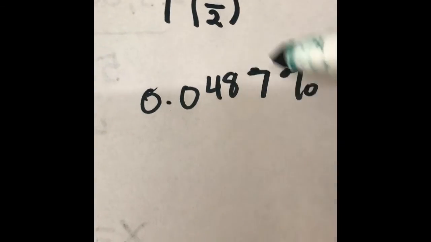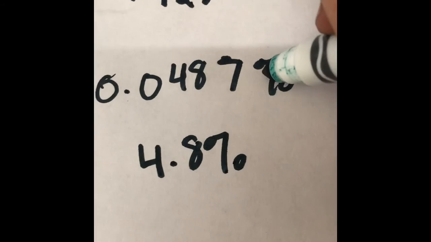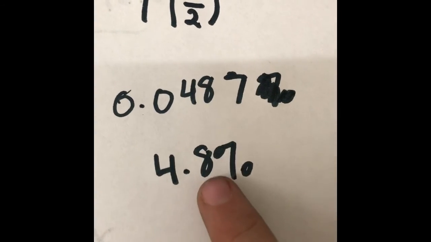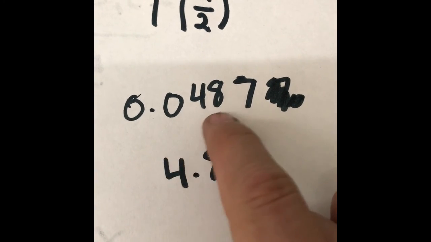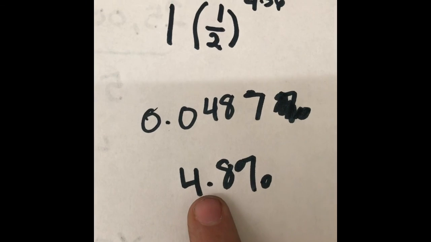If we change this into percent form, we move the decimal place over 2 spots. We change this number into a percentage, it's 4.8% that remains. That's what the question was asking us for. So this is just this number written in decimal form. We move the decimal place over 2 spots. Okay, so the correct answer is 4.8%.